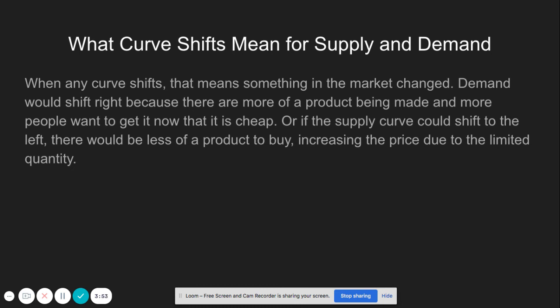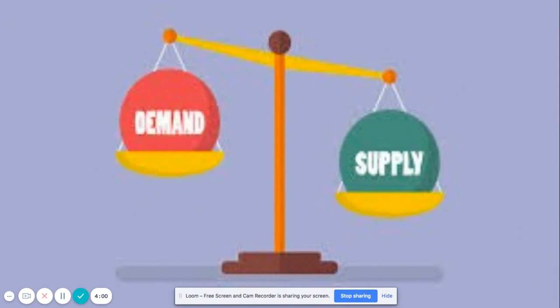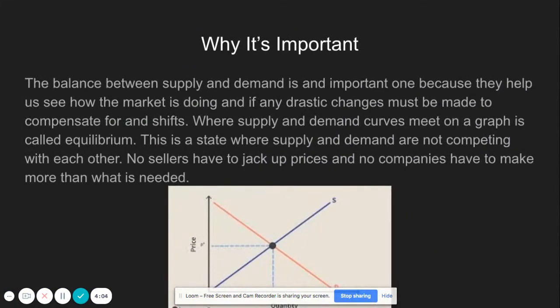Now, why is this important? Because there's one important thing: balance. Balance is very important in supply and demand. It's important because we don't want any drastic shifts in the market. There is a special sweet spot right in the middle where demand and supply meet.